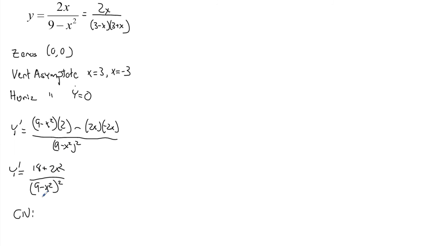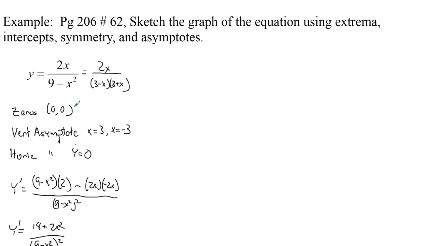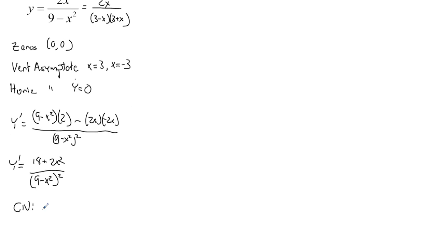And in the denominator, the only values for x that make this undefined, we have already thrown out of the domain because they're vertical asymptotes. Again, the critical numbers would be positive or negative 3, but because they're not in the domain, we can say there are no extrema in this one.